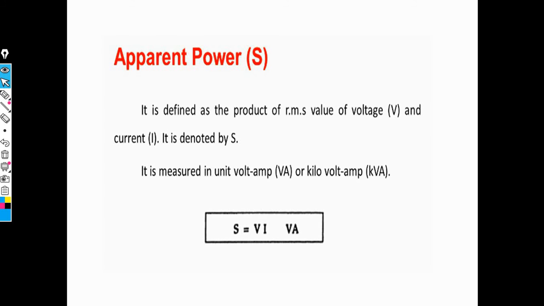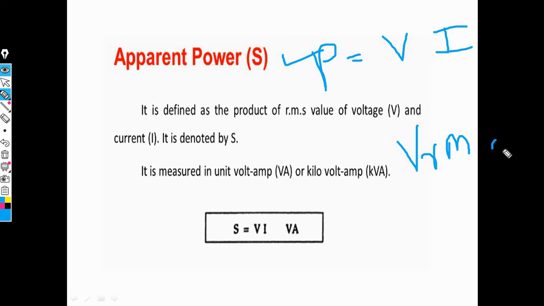The first definition is apparent power. Apparent power is the product of voltage and current, but this voltage and current are in the form of Vrms and Irms.